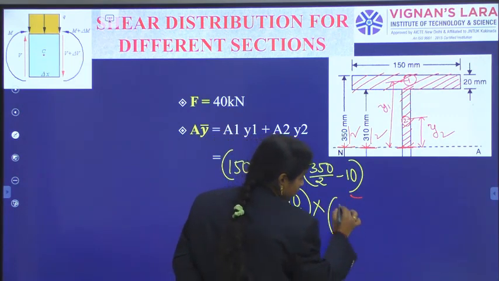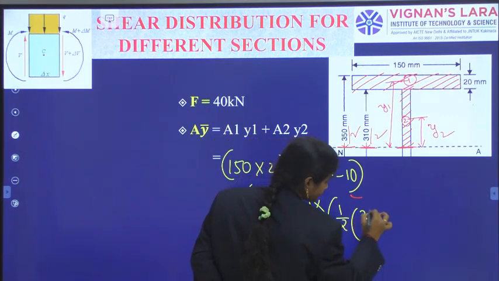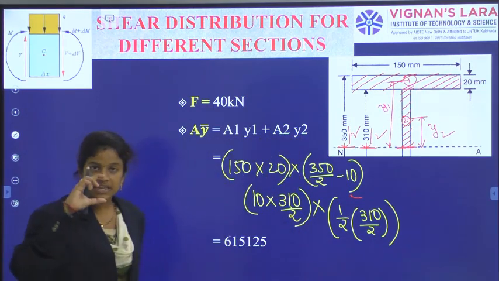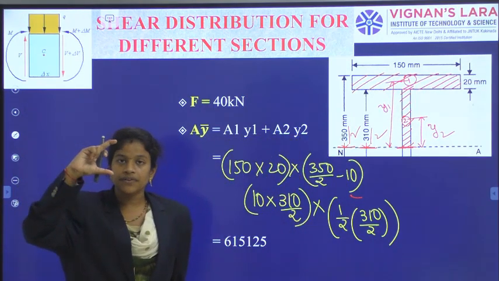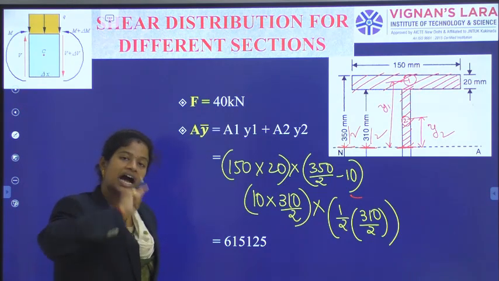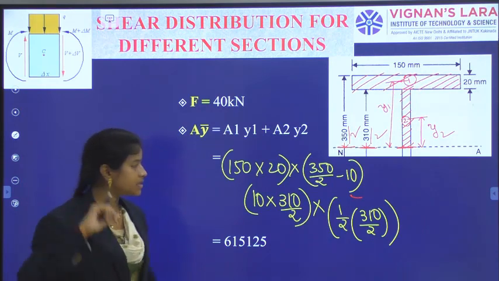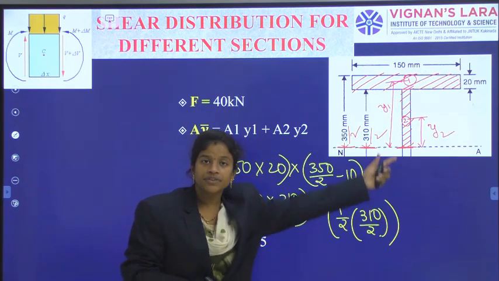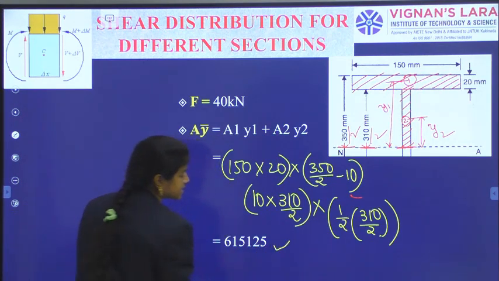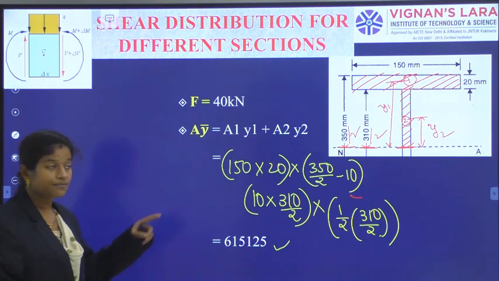So half of 310 by 2, because 310 by 2 itself is the depth, the half depth of the web. In that half depth of the web, the centroid is at half of the depth of the web. So half of the depth of the web I am observing.